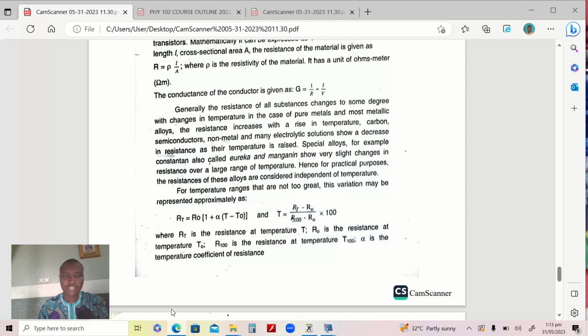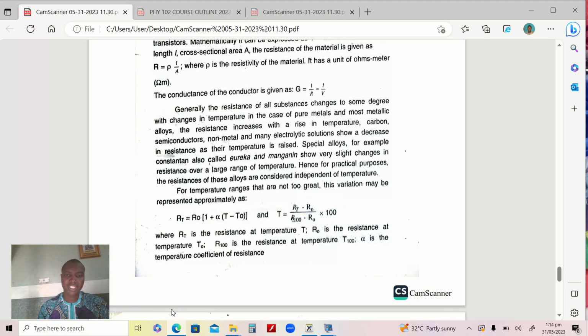Special alloys, for example Constantan, also called Eureka, and manganese show very slight changes in resistance over a large range of temperature. Hence, for practical purposes, the resistance of these alloys is considered independent of temperature.